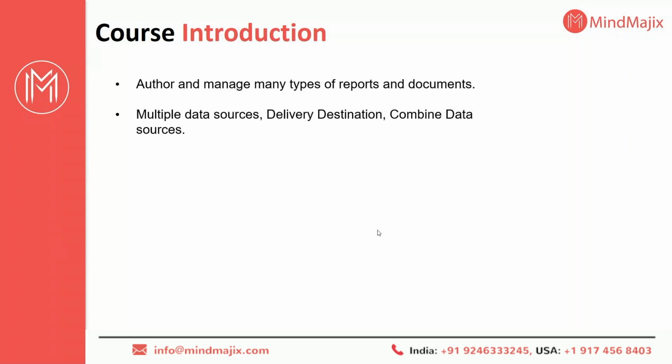And then next comes combined data sources. BI Publisher has different data sources that can be combined together, so multiple data sources can be treated in a single report, and the generated report can be diverted to multiple destinations.